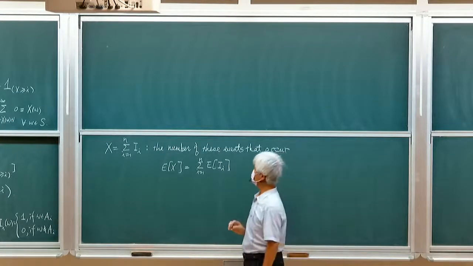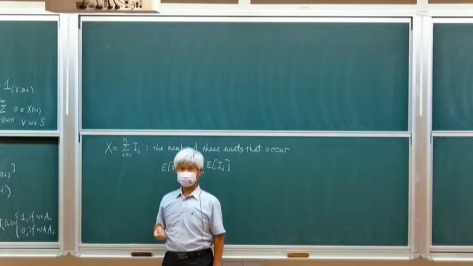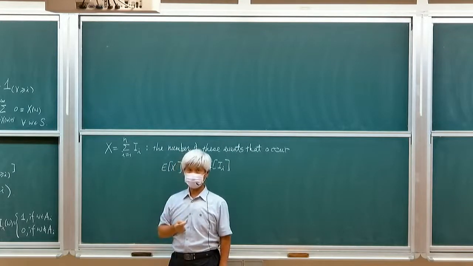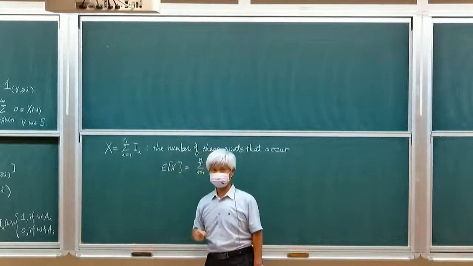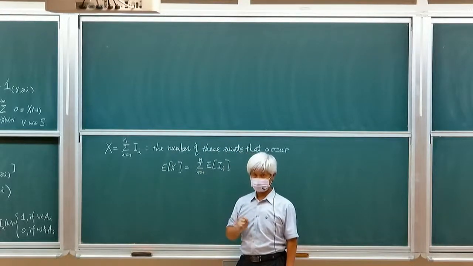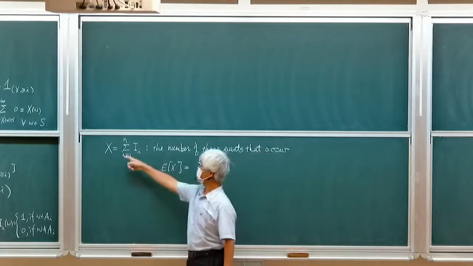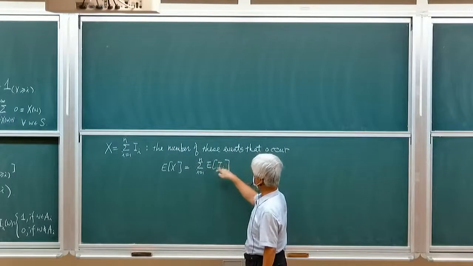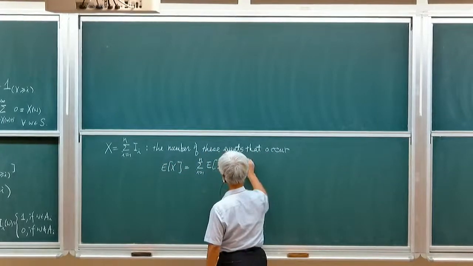As we know, if the linear combination involves non-negative random variables and the coefficients are non-negative, then this linear combination has an expectation, maybe infinite, but anyway it has an expectation. So X has an expectation, and it becomes a sum of the expectations of each indicator.